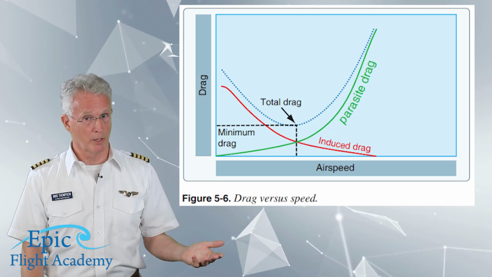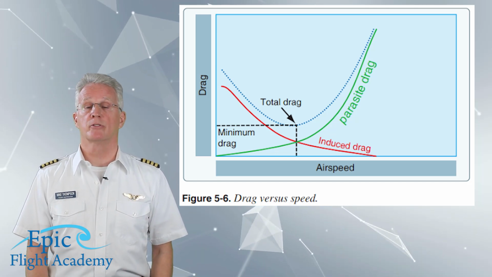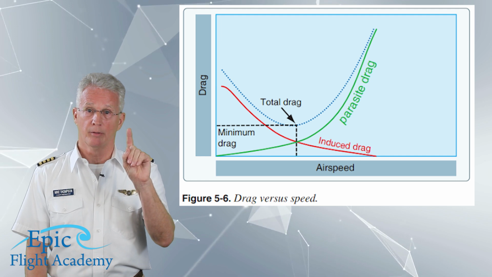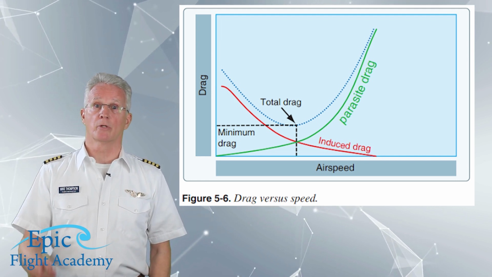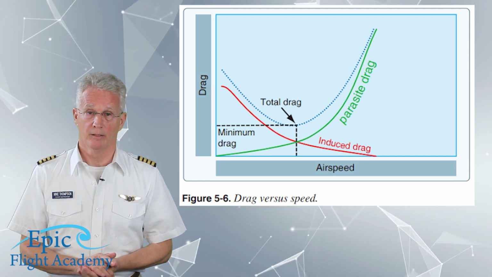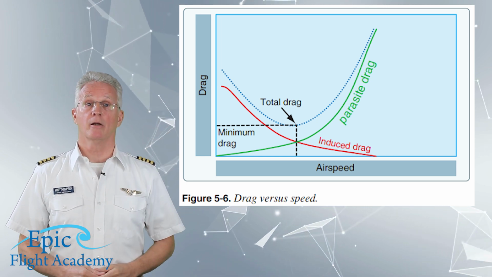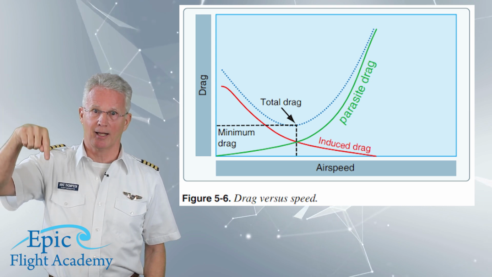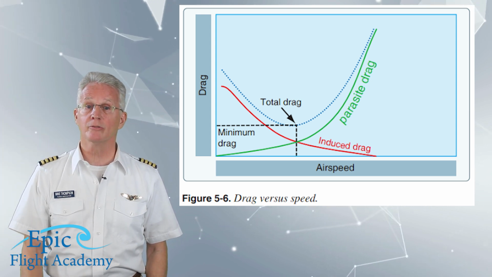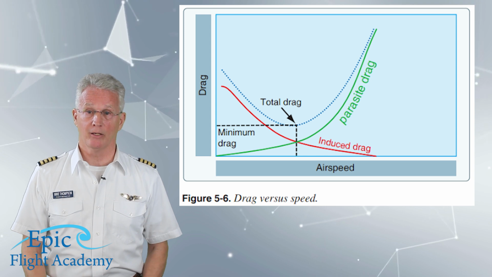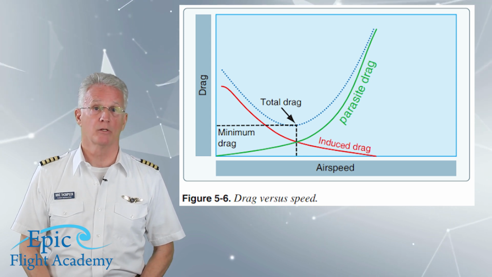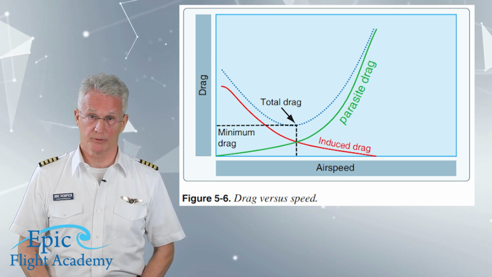Remember from earlier ground school training, parasite drag goes up as airspeed goes up, and induced drag goes up as airspeed goes down because of the higher angles of attack at slower airspeeds.